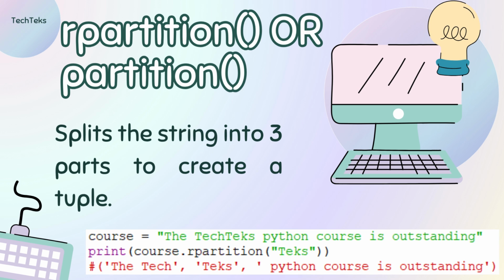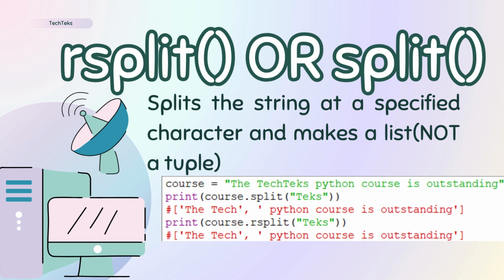Next up, we have the rsplit or the split method. What this does is split the string at a specified character and make a list. So not a tuple this time. It basically works just like the partition one, but this time it brings it out as a list. And here, it doesn't have to be 3 items.